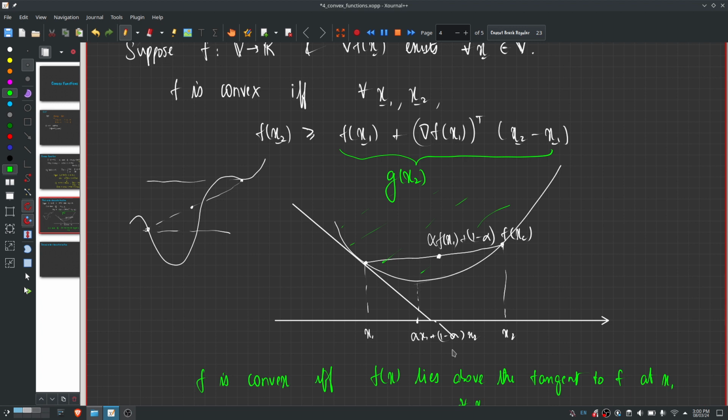Now let's try to prove this condition. Again there are two parts, a necessary part and a sufficient part. First let's assume that the actual function is convex and the derivatives exist.